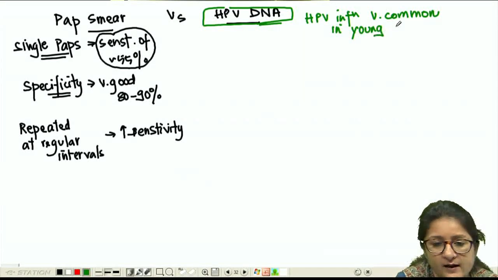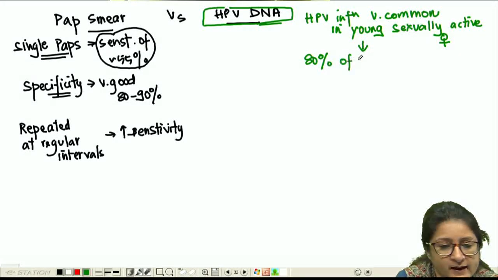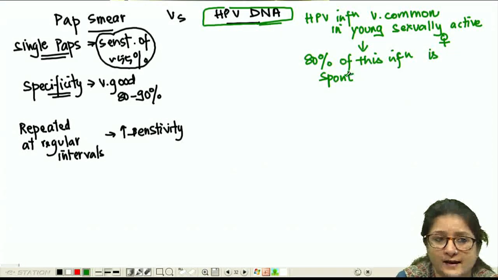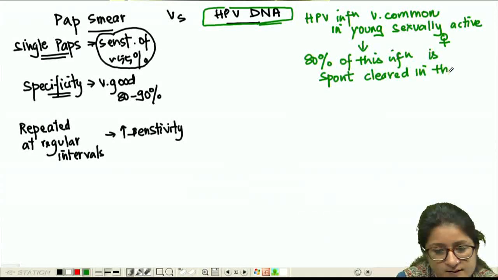It is very common in young sexually active females, and the point is that 80% of this infection is spontaneously cleared by the normal immune mechanism in the next 2 years, right?